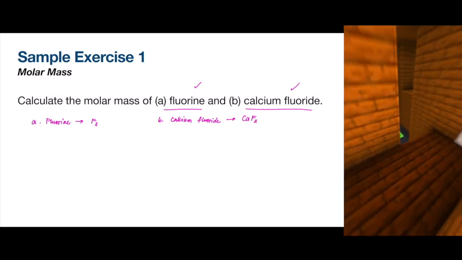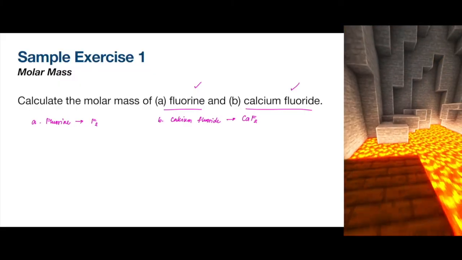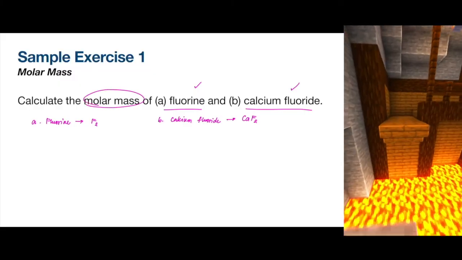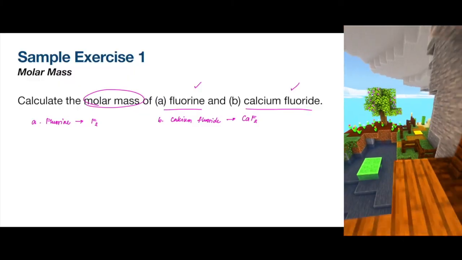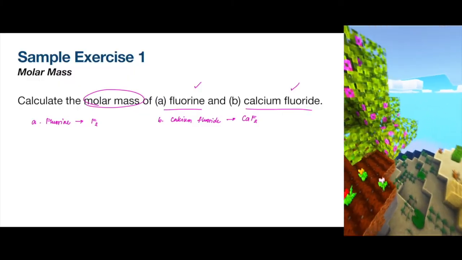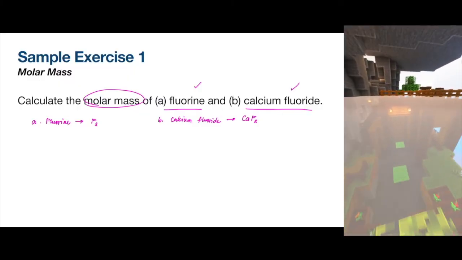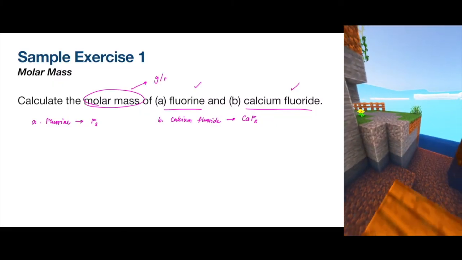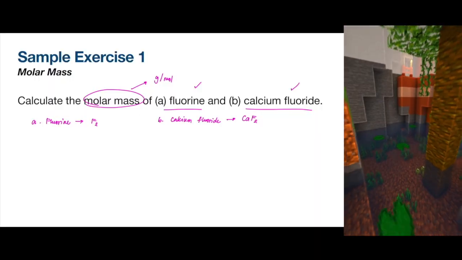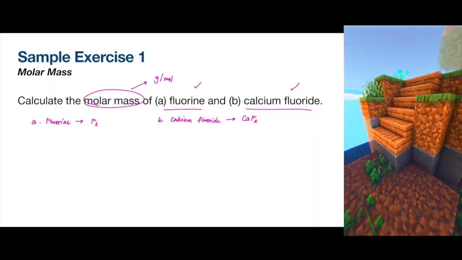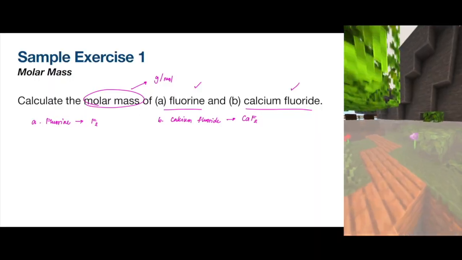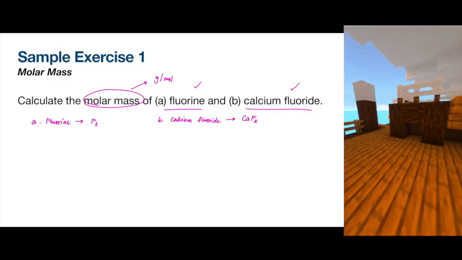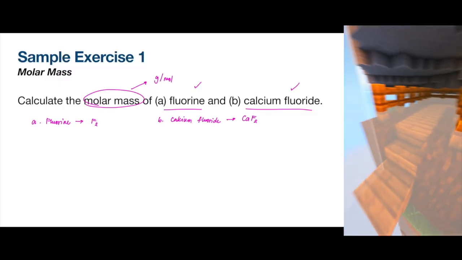Now that we have the formulas of fluorine and calcium fluoride, the next step is to calculate the molar masses as if you were calculating the formula mass or atomic mass. But instead, we will use molar mass units, which is grams per mole. And again, remember, the molar mass of a compound in grams per mole is numerically equal to the formula mass in atomic mass units.